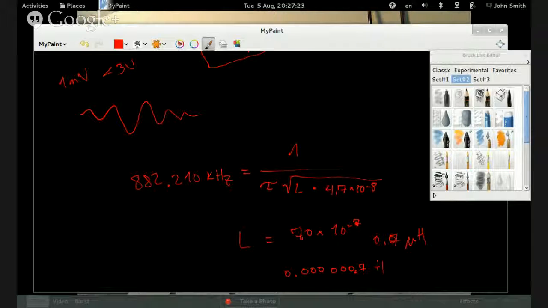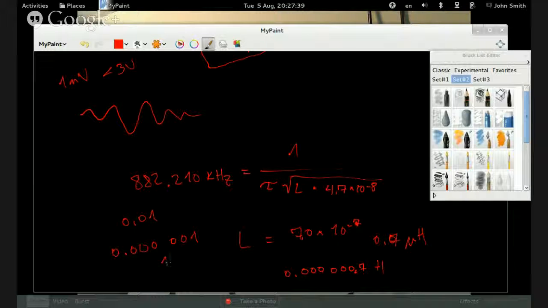0.01. No. Okay. 0.001. That's 1 microhenry.